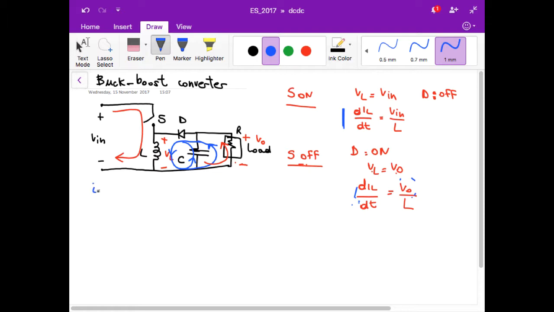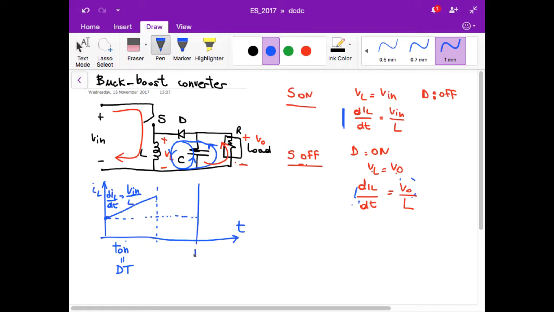So the situation is the following. If we plot IL as a function of time, again we have a typical plot that we always see in these converters. During T on, the current increases, and T on is equal to D times T. The derivative dIL over dt is equal to Vin over L. And during T off, of course, we need the current to decrease.